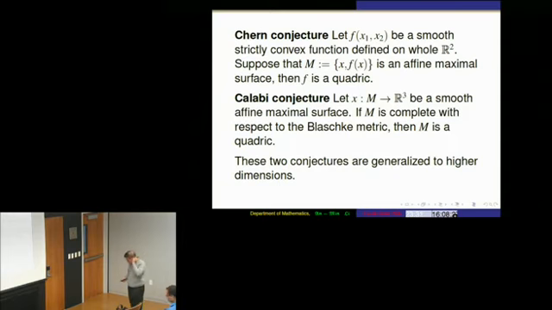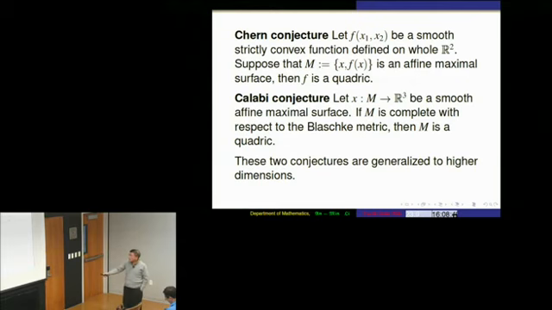The difference between these two conjectures is in the completeness. In the Chern conjecture, the completeness is Euclidean completeness, which means the graph in Euclidean space has no Euclidean boundary.